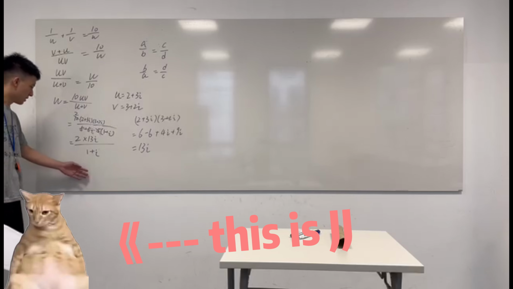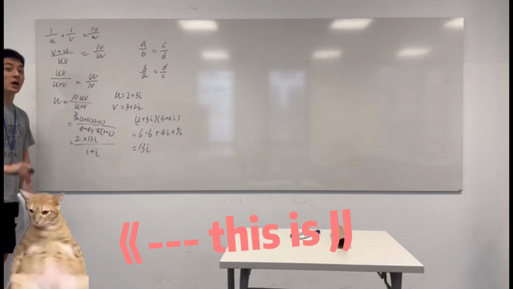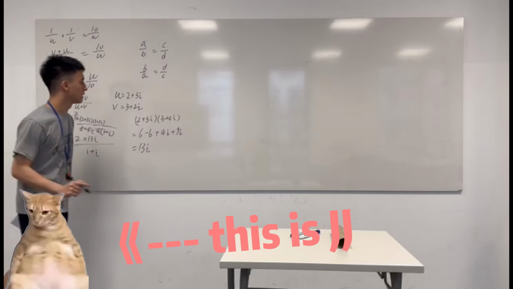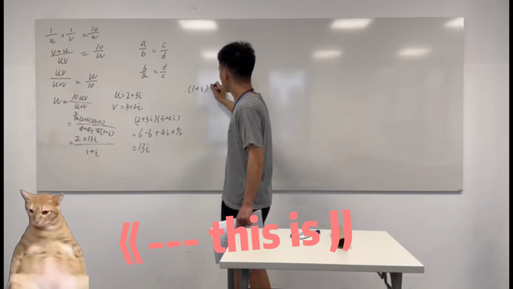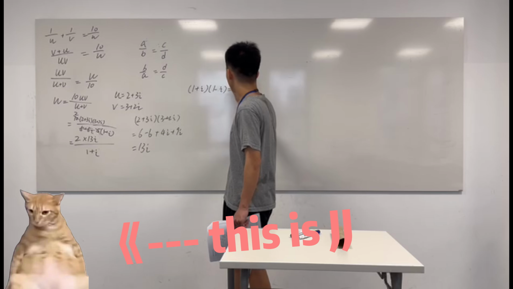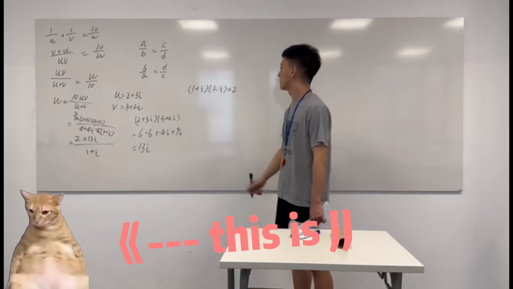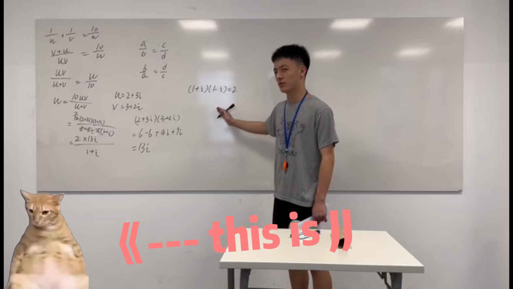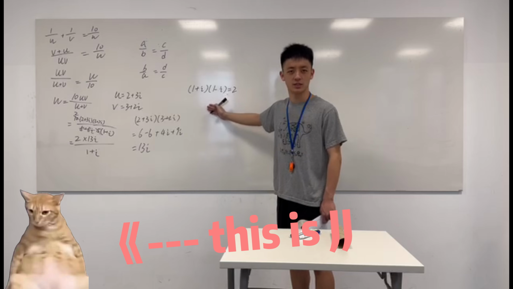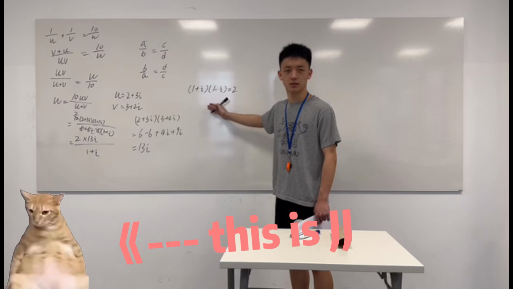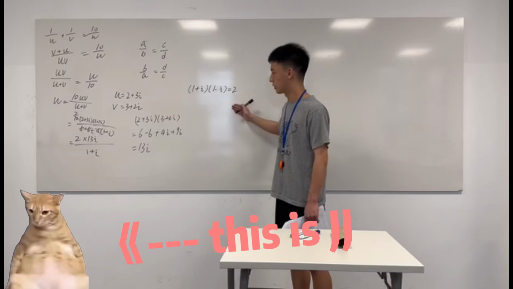But it seems we still have to divide it by this thing, right? But it's really interesting because 1 plus i times 1 minus i is equal to 2. It's not that obvious, but relatively obvious, right? You can check.